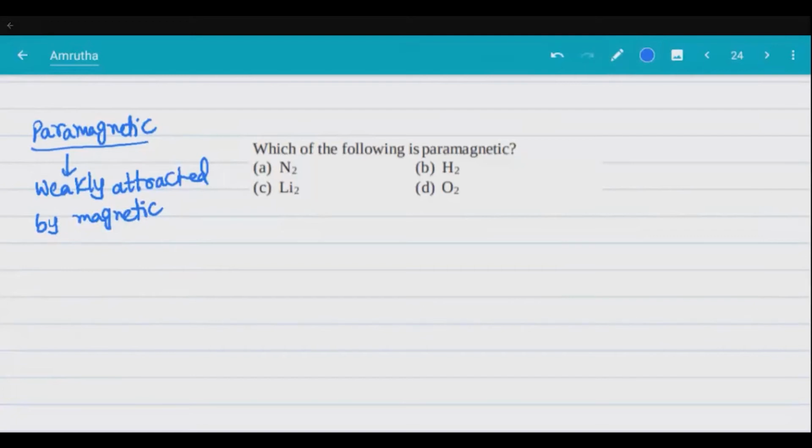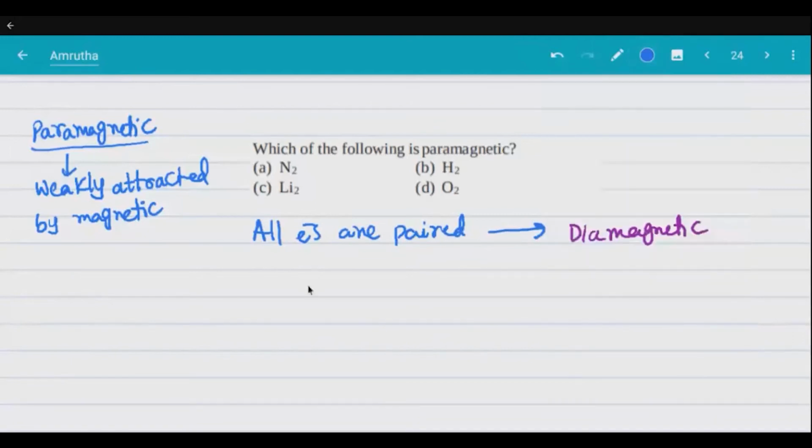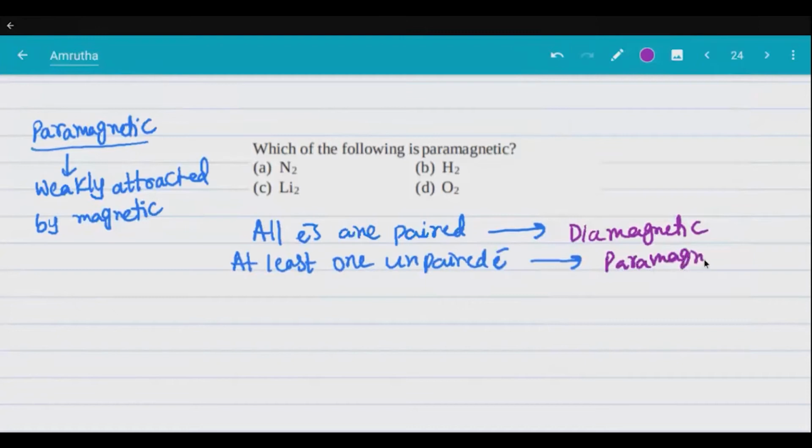So if all electrons are paired, that is diamagnetic. If at least one unpaired electron, paramagnetic. So count the number of electrons and just check. Let us see. Just a second. I'll come back.